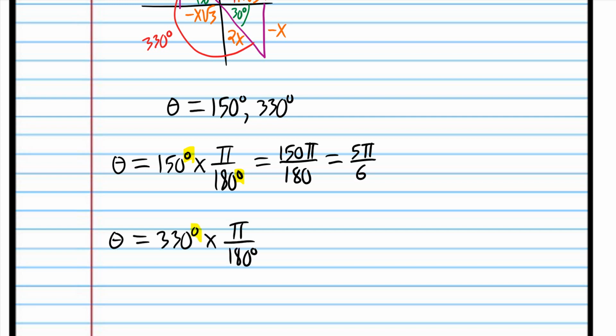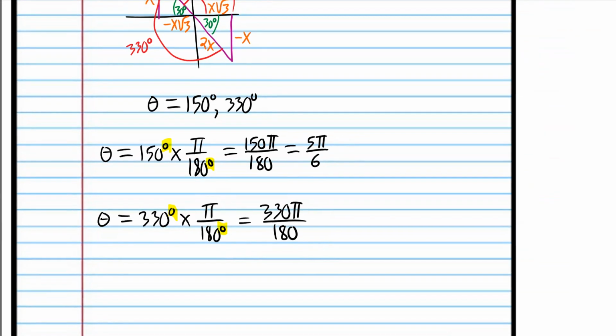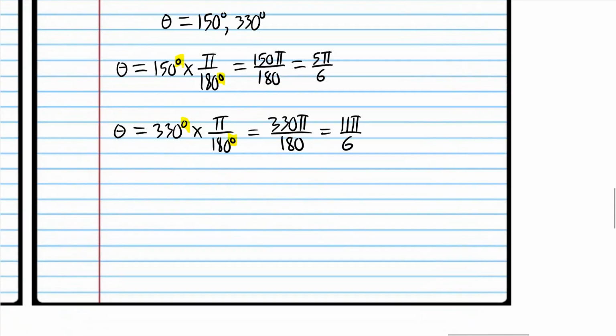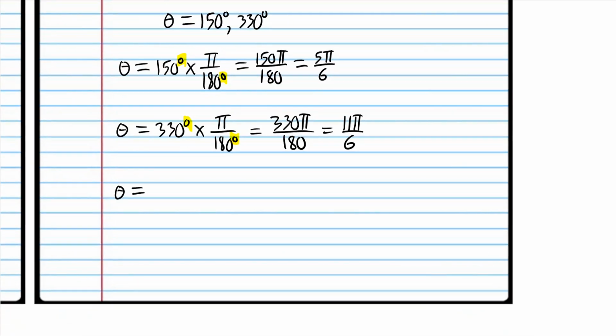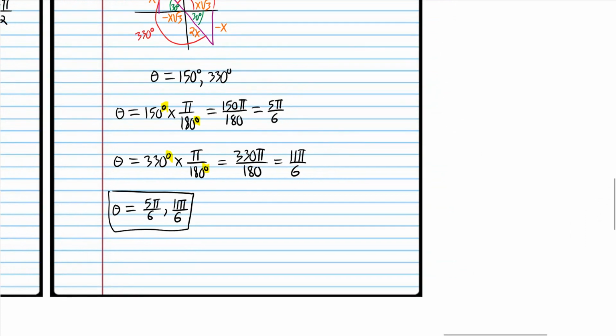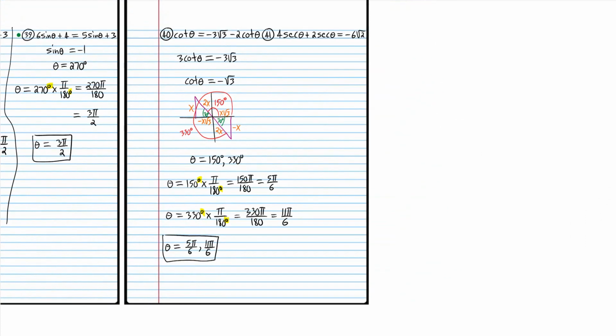Again, the degree symbols cancel out. And we're left with 330 pi over 180, which is 11 pi over 6 radians. So the final solutions are going to be 5 pi over 6 and 11 pi over 6 in radian measure. So if you got that right, perfect.